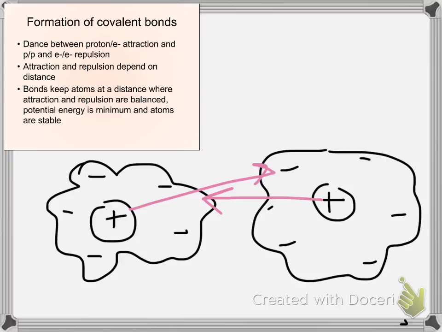Okay, so when we have two atoms that are attempting to bond, what you've got is a dance between the protons being attracted to the electrons in the other atom and those two nuclei being strongly opposed to interacting with one another.